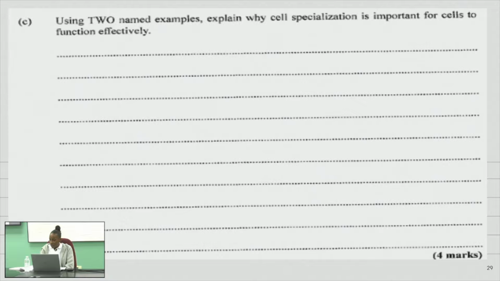Now, for efficiency and division of labor, if we did not have cell specialization, then we would have all of the different cells in our body carrying out all of the different activities, and this would result in these cells taking a lot of time to do these different processes and also doing them poorly. So cell specialization allows the cells to develop certain unique structures that will allow them to carry out their job a lot more efficiently as they are focused on that particular task.